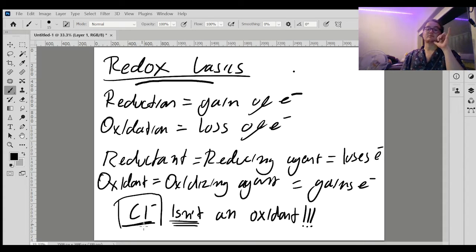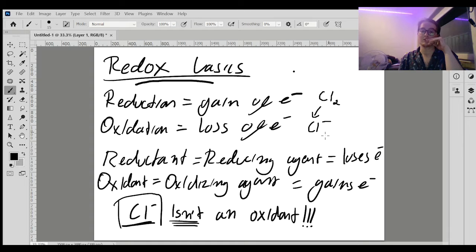Now, an important distinction to make: a lot of people see stuff like chloride ions, and they think that's an oxidant. It's a common misconception because everyone knows chlorine, very powerful oxidant. It's very eager to take electrons, gain those full outer shells, and become Cl-.